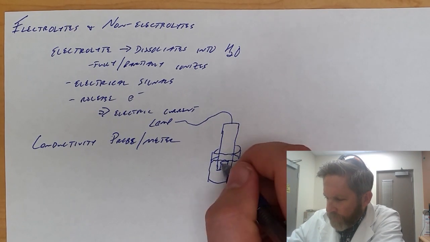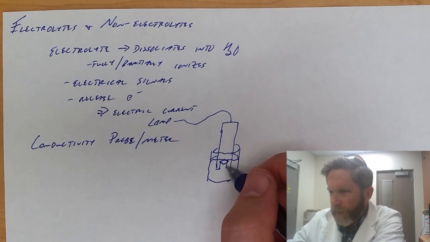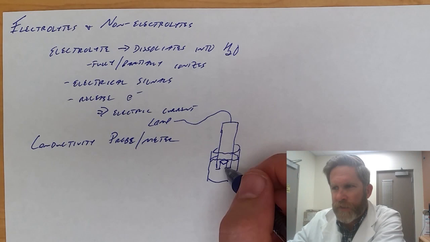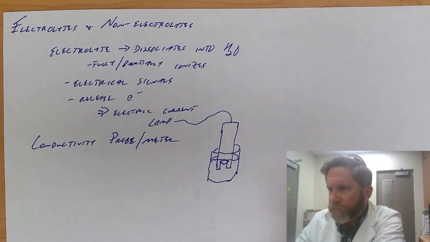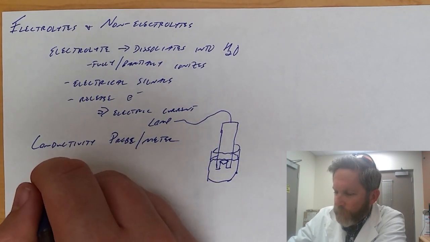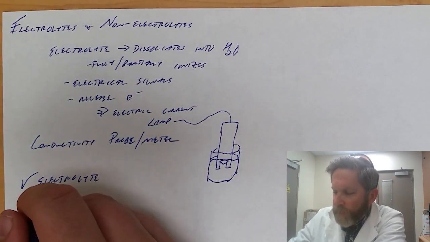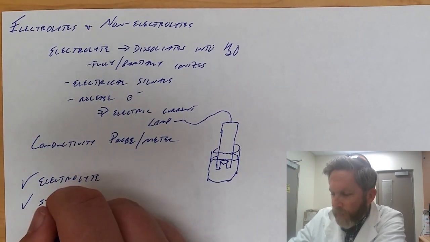And there's a sensor inside of the conductivity meter that will detect the electrical current and the movement of electrons in the solution. So we're going to use this conductivity probe, first of all, to differentiate between is it an electrolyte or is it a non-electrolyte? And if so, what are the strong electrolytes?